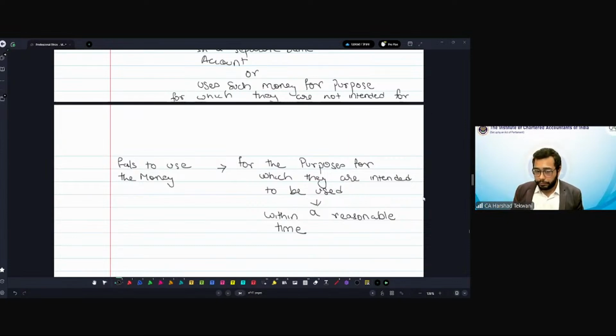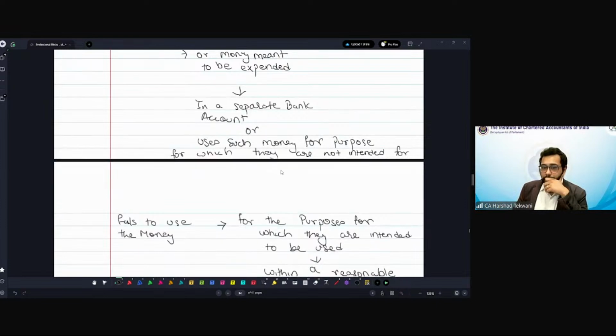So if I am using it for a not intended purpose, does it amount to embezzlement or defalcation? It could be. Let's say, for example, money was there to pay the tax. I did not pay the tax. I use it for my own purpose. Now I don't have money to pay the tax. Yes, it's a fraud, embezzlement.